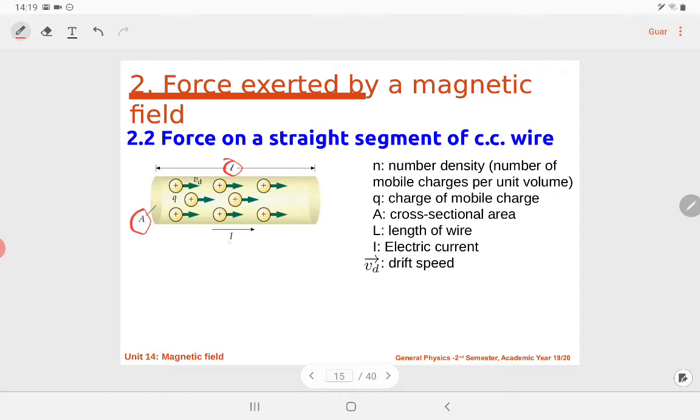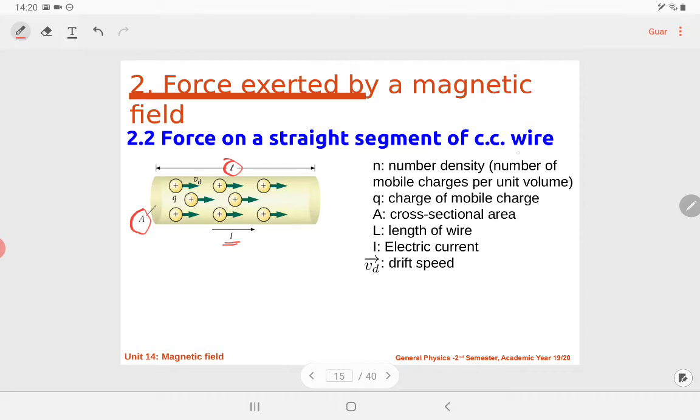We have an electric current flowing to the right, given by I. Microscopically, we have small mobile charges that, if they are positive, would be moving to the right.